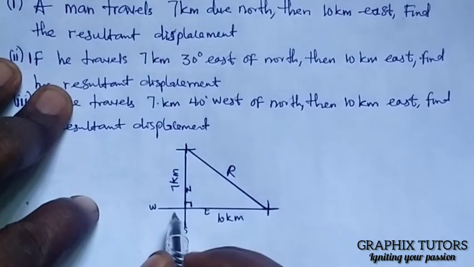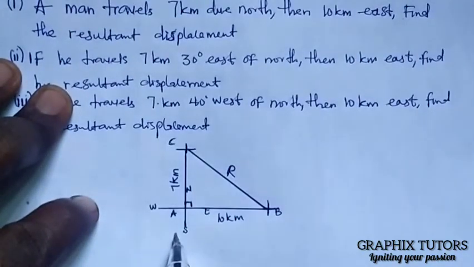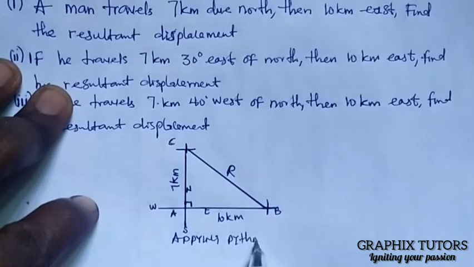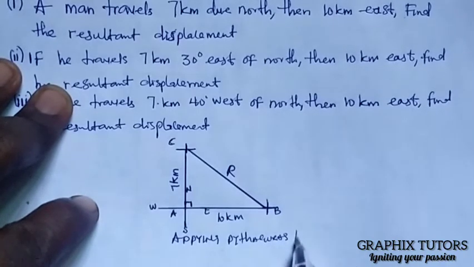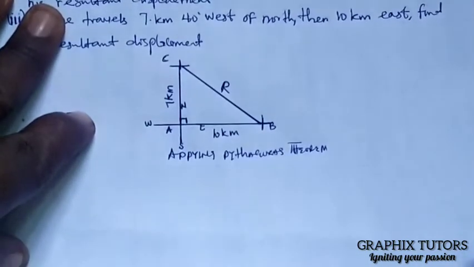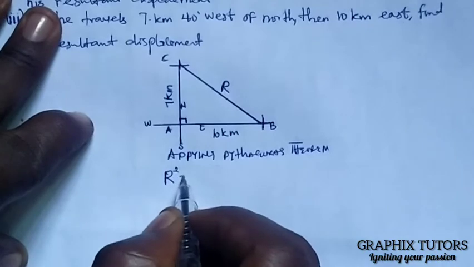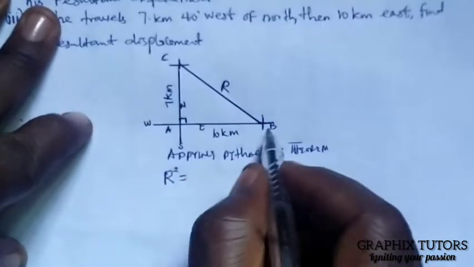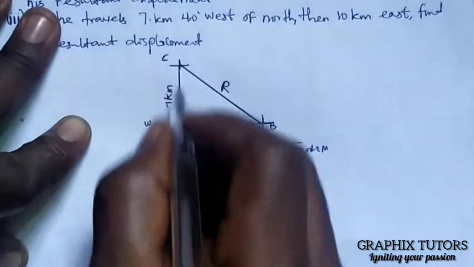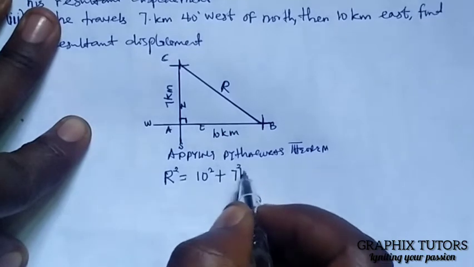Let's call the initial point A, here B, and here C. Applying Pythagoras Theorem, we'll say that the longest side squared, which is the resultant squared, is equal to the horizontal squared, which is 10 squared, plus the vertical squared, which is 7 squared, right?